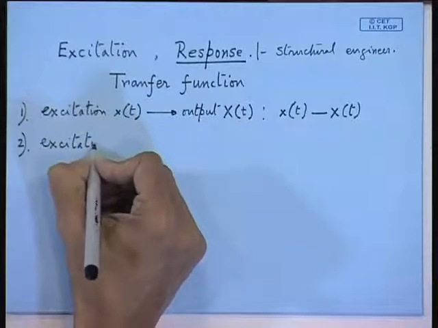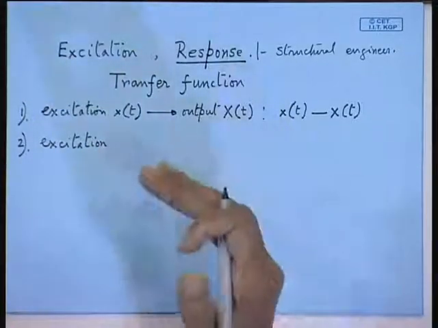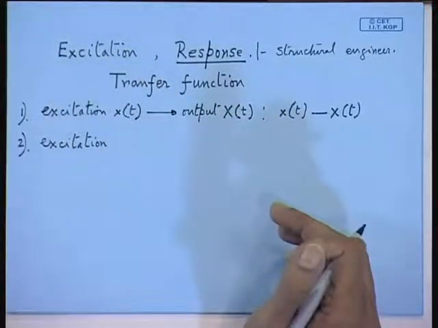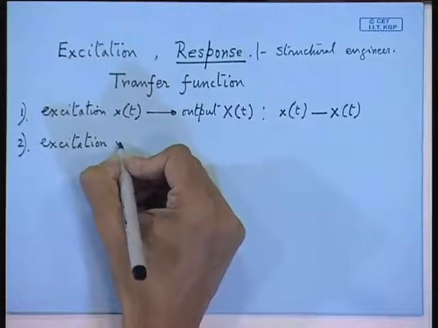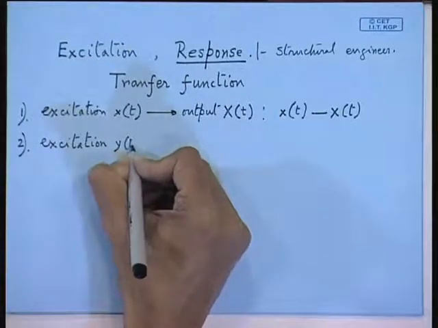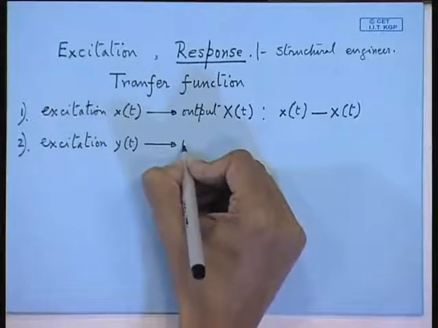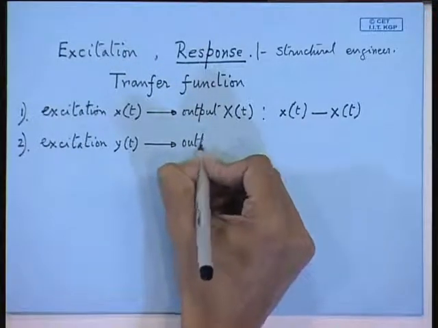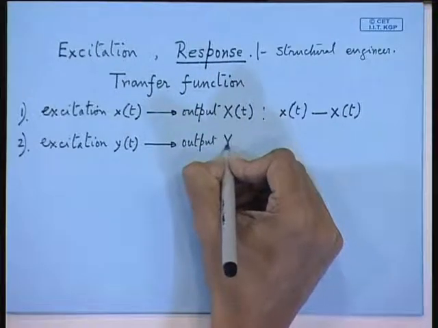Now, I told you that the sea is represented by a summation of harmonic waves. So here you get another term. Say another wave is coming with y t, and this is giving another output, and this output you write as capital Y t.